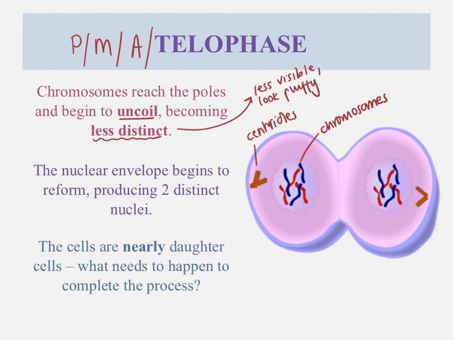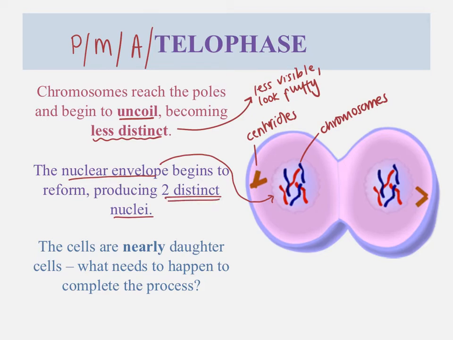I'll show you some microscope pictures in a second, and it'll make a little more sense. Now in telophase, we can start to see the nuclear envelope reforming. You can see on this diagram that it's very, very faint and fuzzy, but we're starting to get 2 distinct nuclei produced.